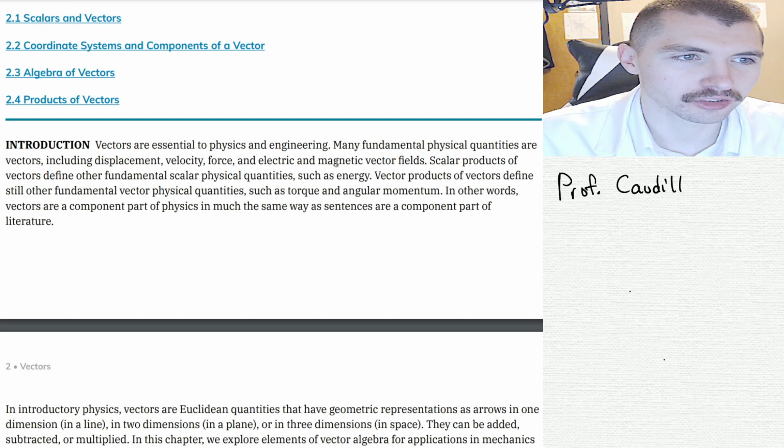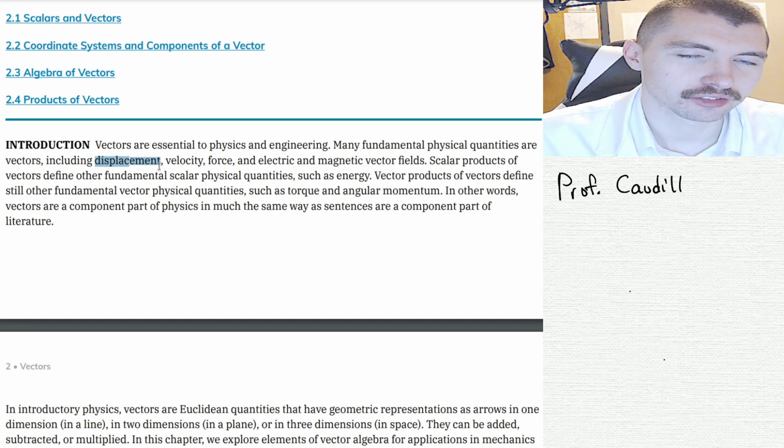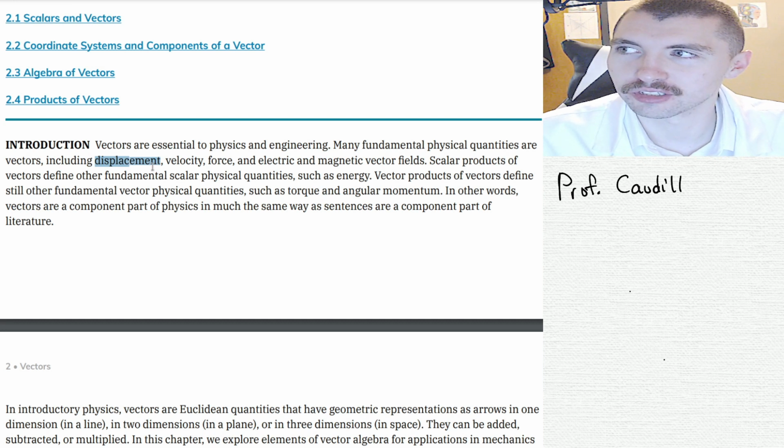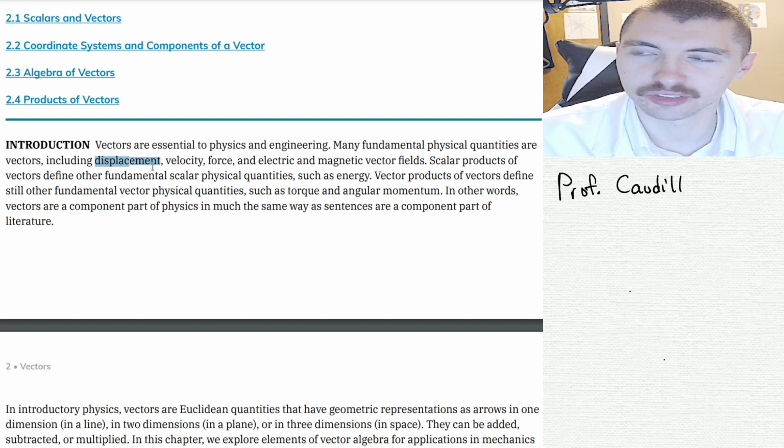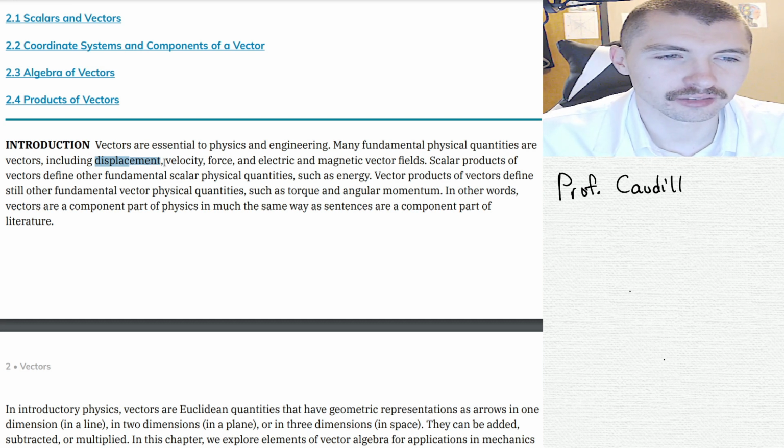Many physical quantities are vectors. Displacement, that could be like an integral of a speed, so that's how much distance has been covered over time. Velocity, we know that: ds over dt. Force, what is that?